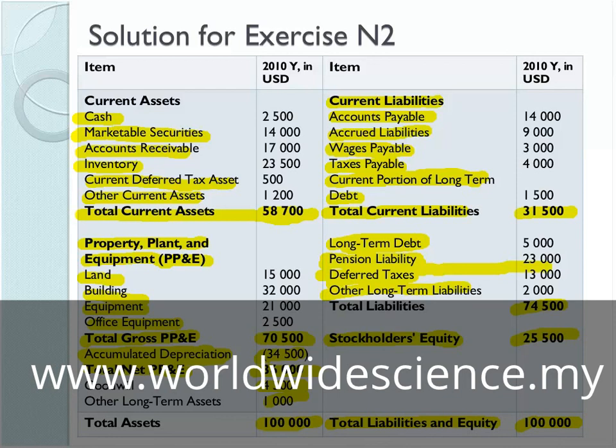It's the same with the accrued liabilities. Accrued liabilities are those liabilities which you haven't paid this year, and they automatically will be moved to the next year, and you show them as accrued liabilities.